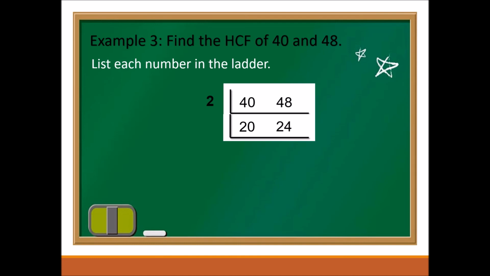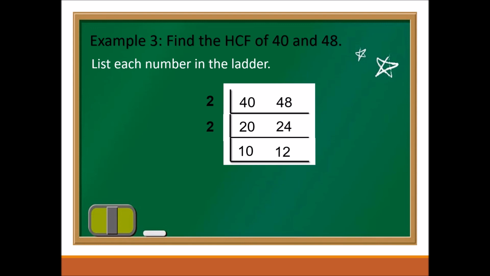Now let's continue dividing them using their common prime factor. What is their common prime factor? Yes, very good. It's 2. So 20 divided by 2 is equal to 10, and 24 divided by 2 is equal to 12. Now 10 and 12 can still be divided by their common prime factor.